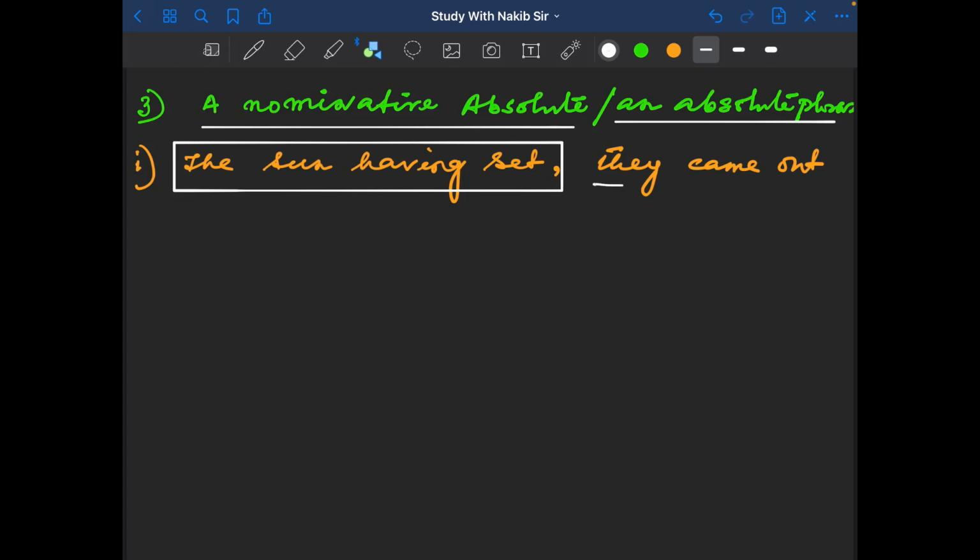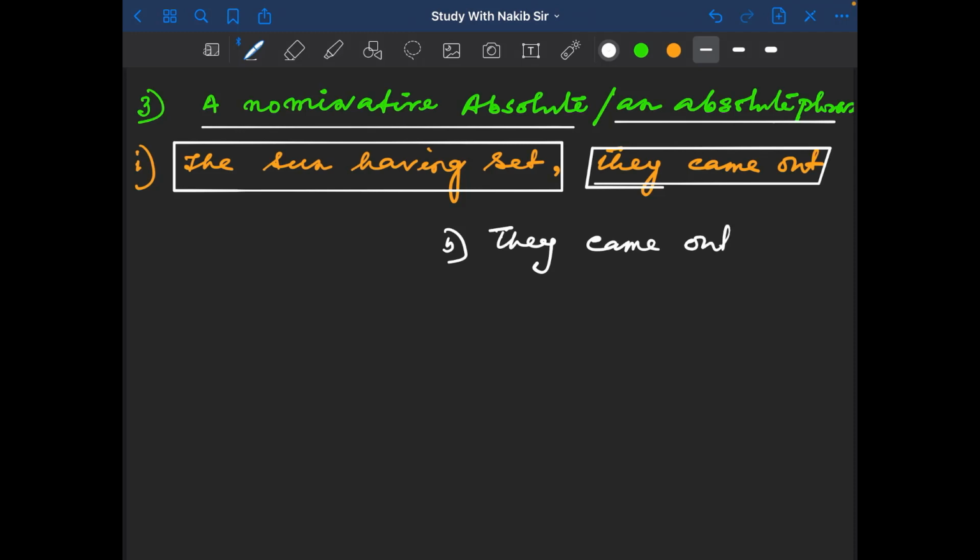Okay, so they came out, as it is, make a sentence with this. They came out, one sentence.